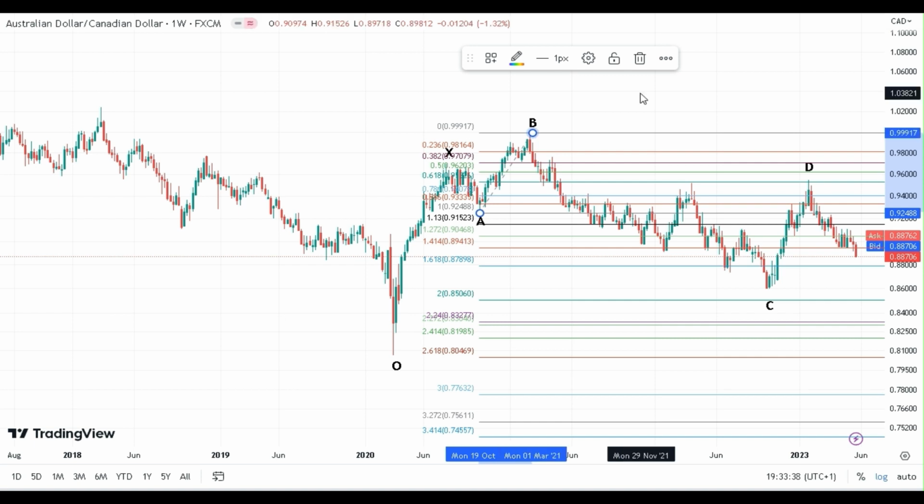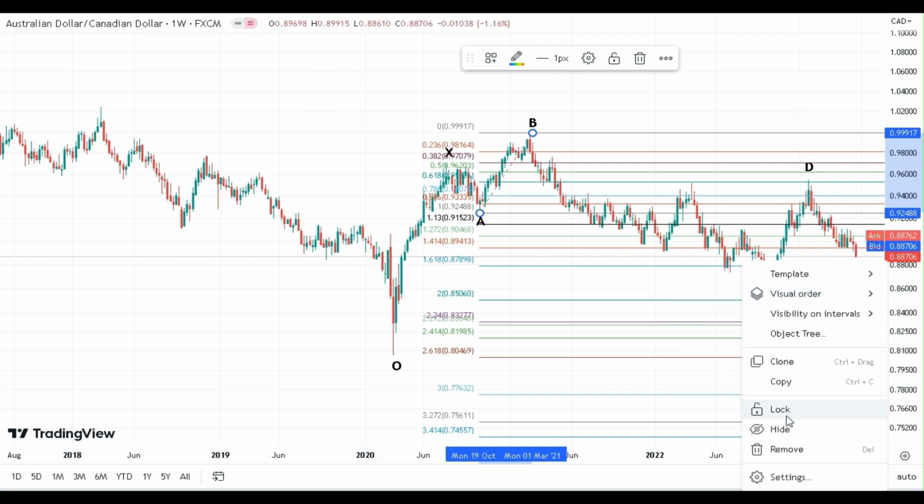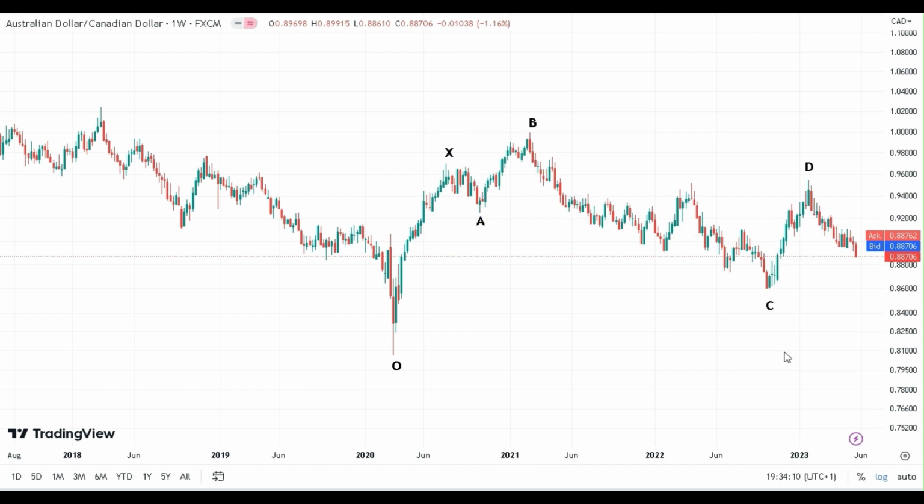So C should be what? This 1.618, it should be between 1.618 and 2.24. So C is between this and this. So the third condition has been met. Let's remove this.